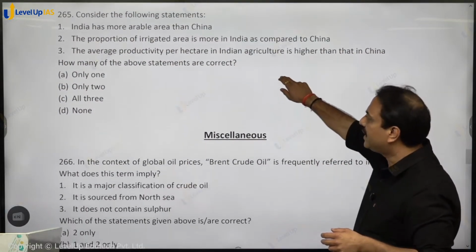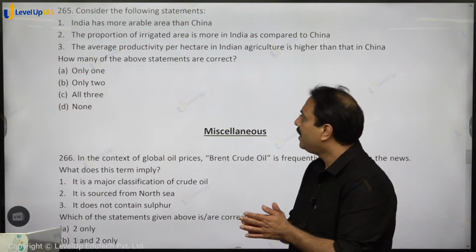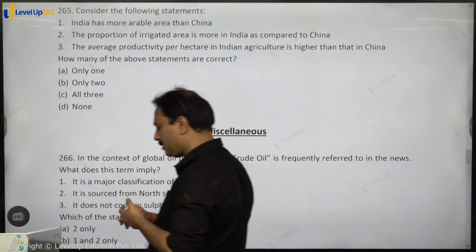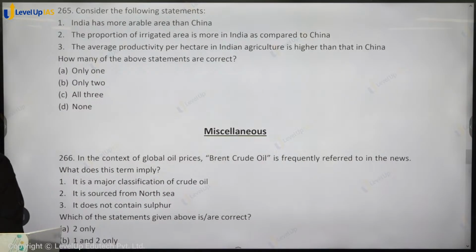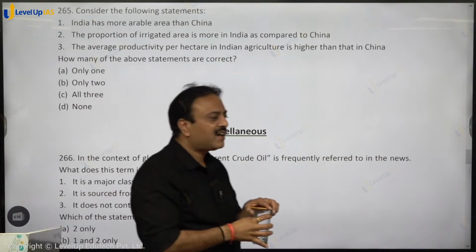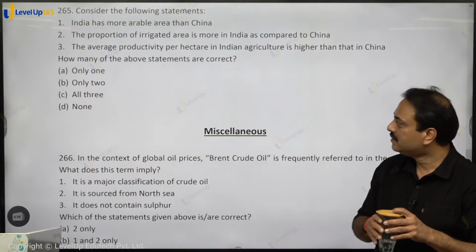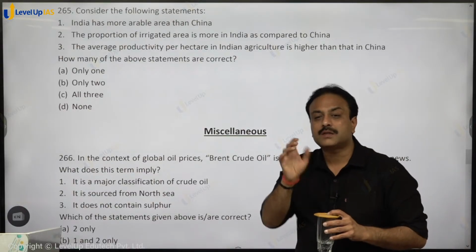And the last question on agriculture. Consider the following statements. India has more arable area than China, correct or not? Only this much is written.